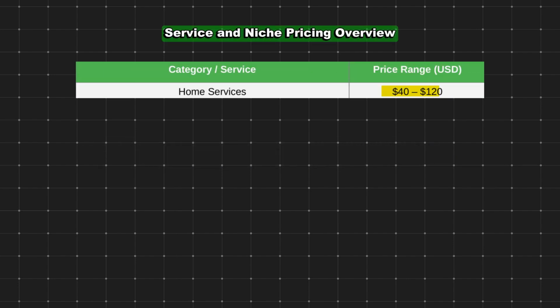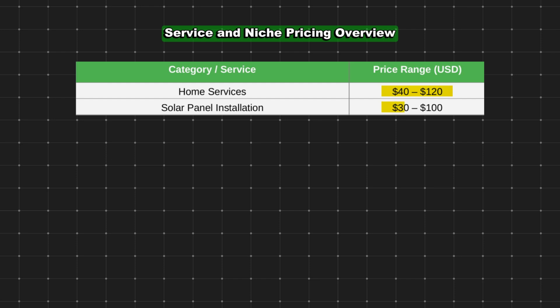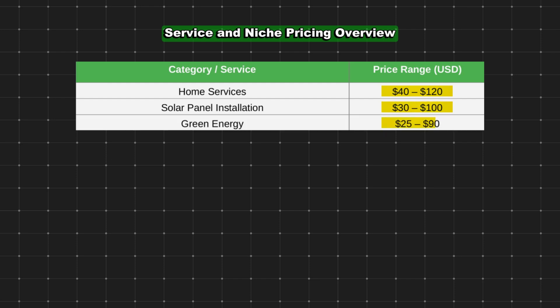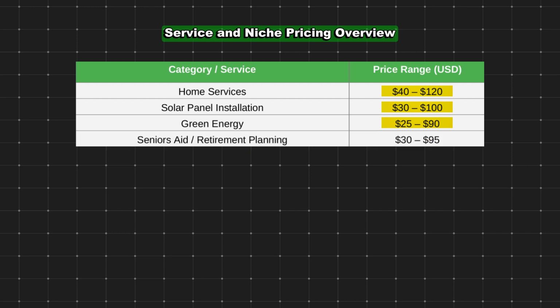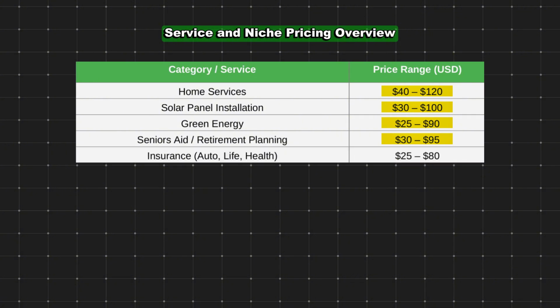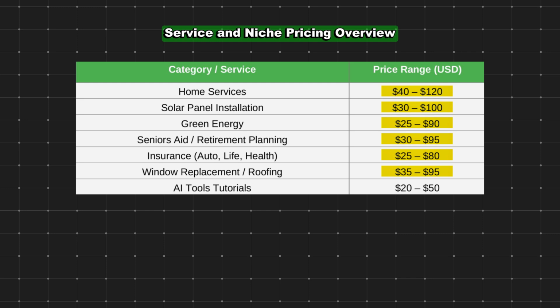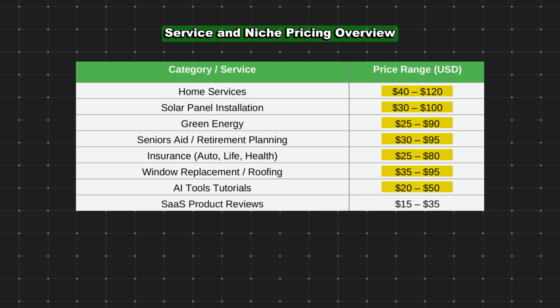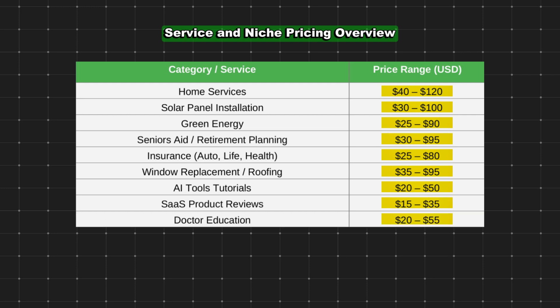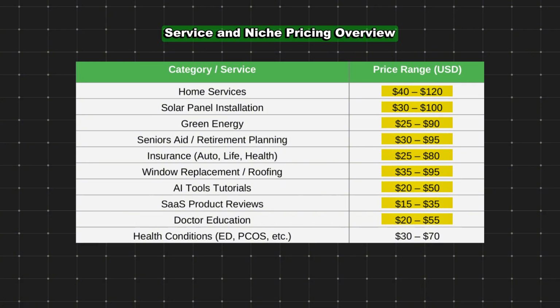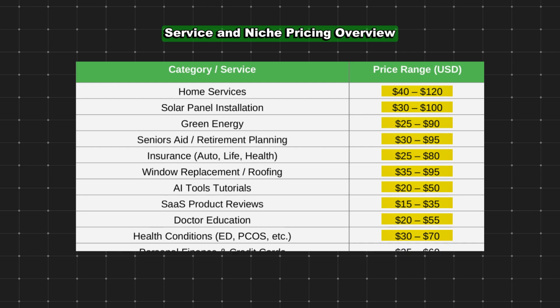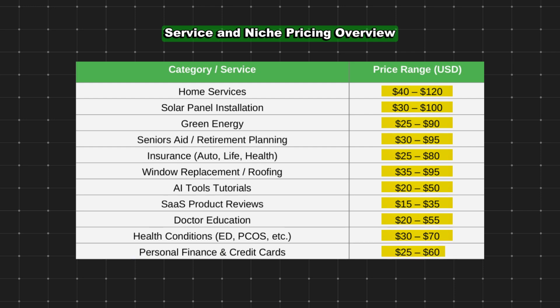Niche, RPM range in USD: home services, $40 to $120; solar panel installation, $30 to $100; green energy, $25 to $90; seniors aid, retirement planning, $30 to $95; insurance, auto, life, health, $25 to $80; window replacement, roofing, $35 to $95; AI tools, tutorials, $20 to $50; SaaS product reviews, $15 to $35; doctor education, $20 to $55; health conditions, example PCOS, $30 to $70; personal finance and credit cards, $25 to $60.